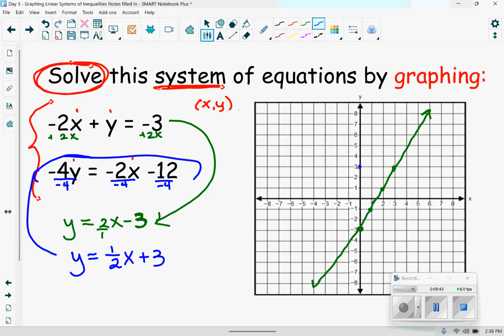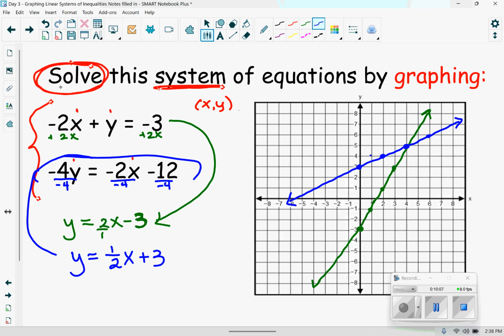I'm going to go up to 3. And then I'm going to rise over run. I'm going to rise 1 over 2, rise 1 over 2, rise 1, rise 1 over 2. I can see where they come together right there. So I draw that line.